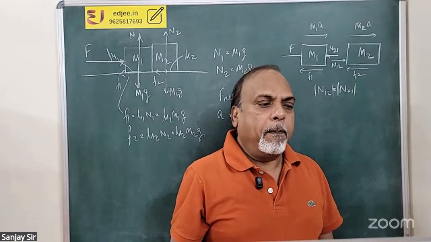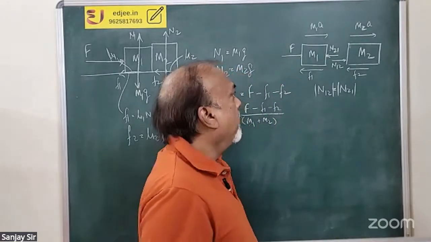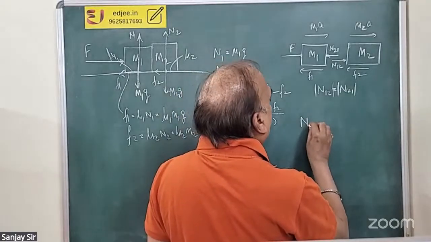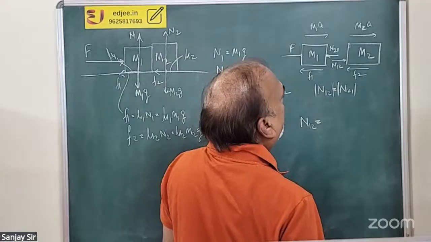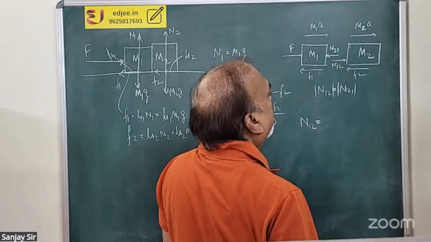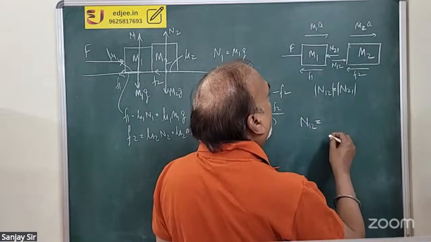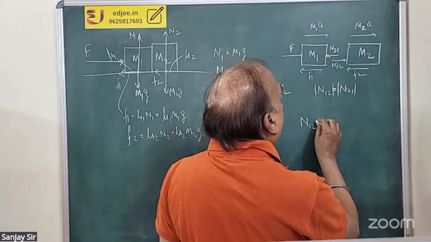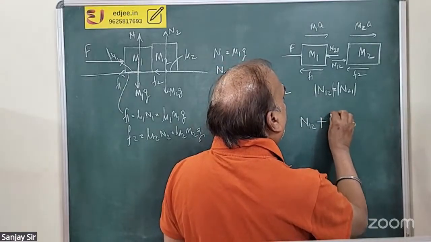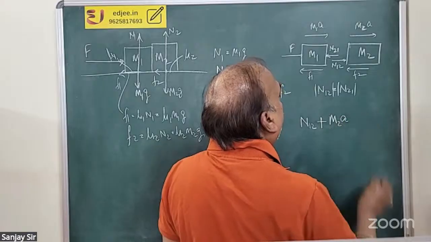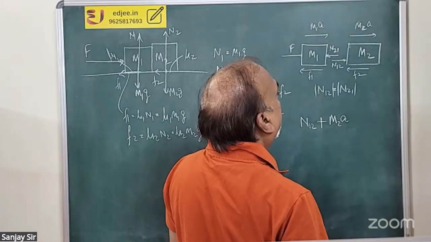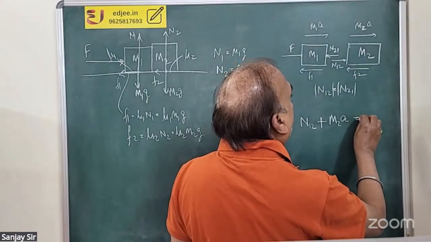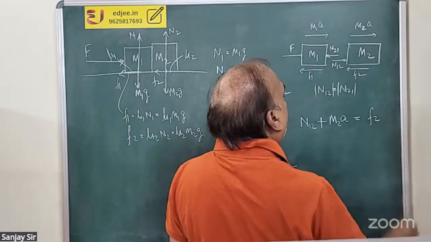Correct? So let us find out this N12, which is nothing but, you can say, N12 plus M2A must be equal to F2.